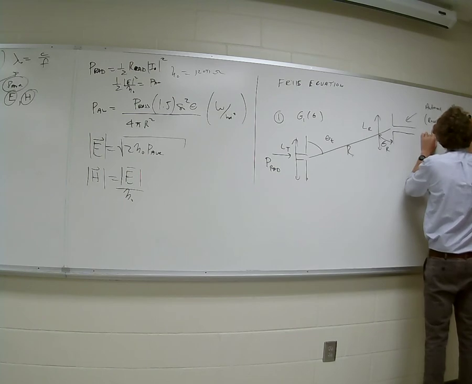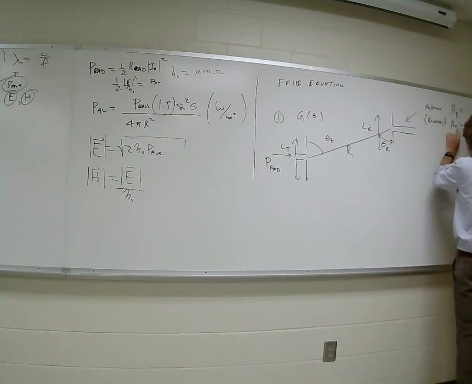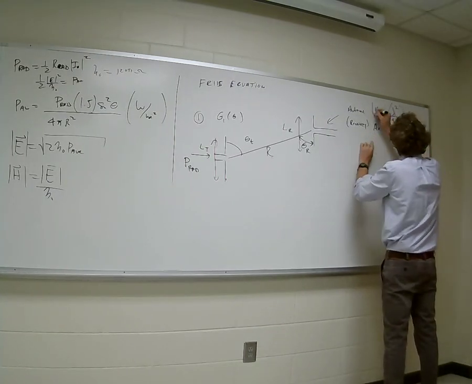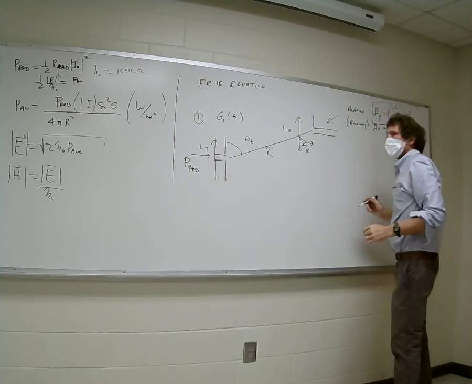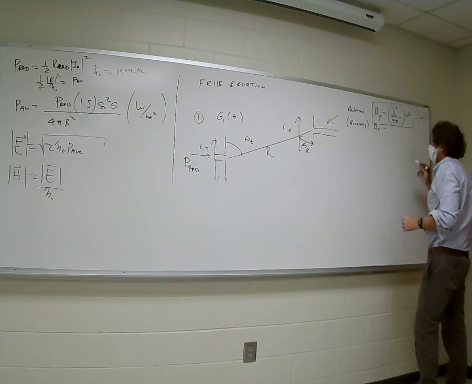Now in the book it's probably going to be either A_p or A_e. Either symbol is used. And the aperture is equal to lambda squared over 4 pi times the gain. Write that down. That's the electrical size, and the electrical size is in meters squared.